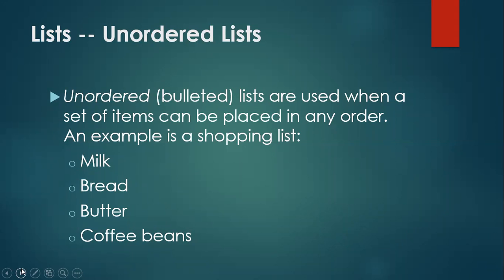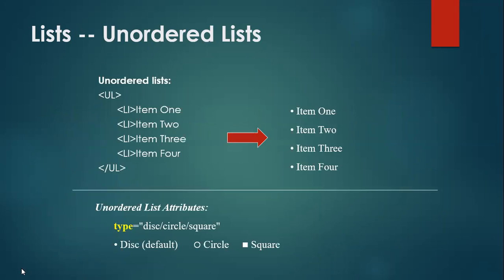If we change the order of the items, it doesn't mean any change. In an ordered list, however, order is very important, but in an unordered list order is not that important; the items are just listed with some shapes.